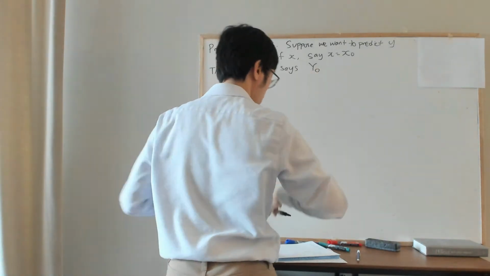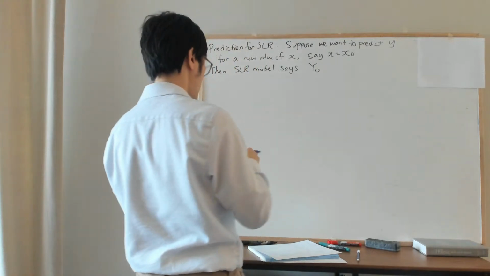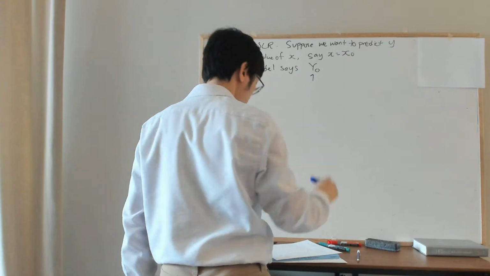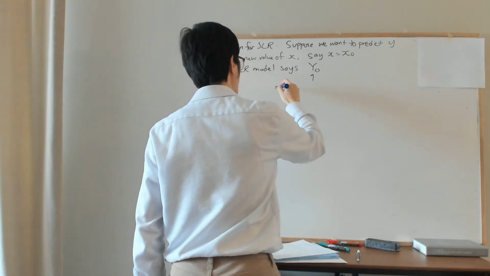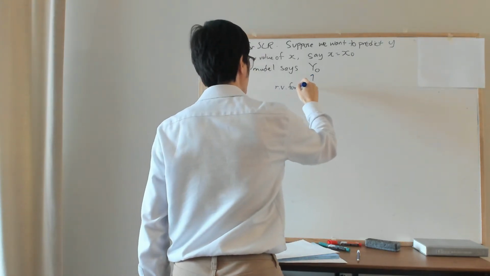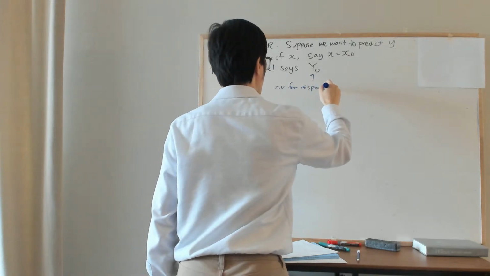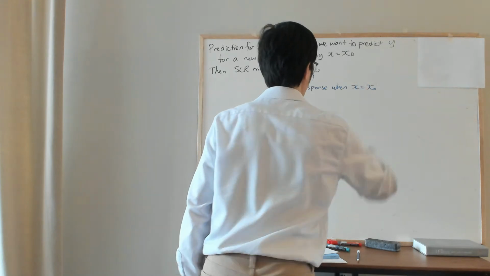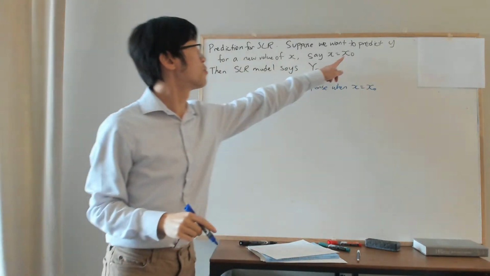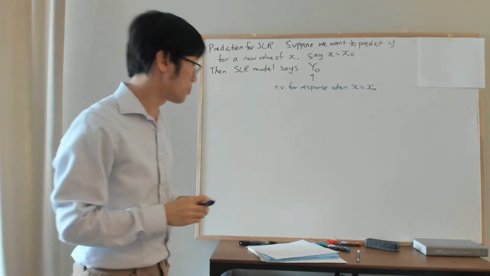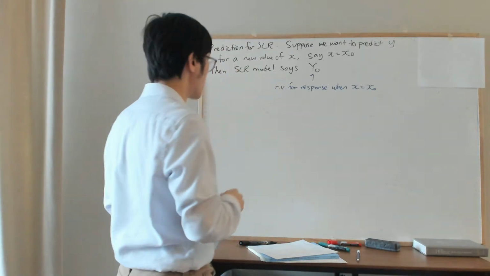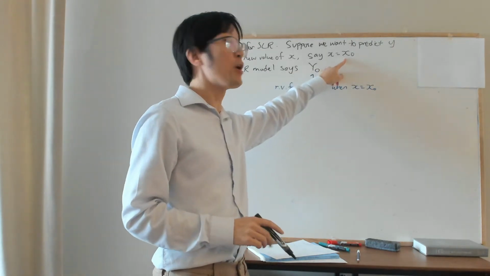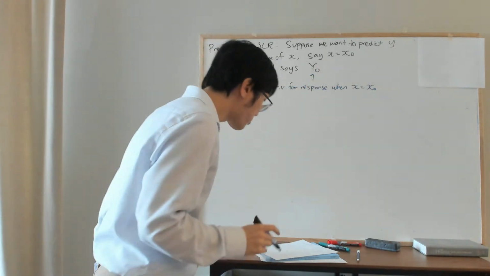This just means the response for y when x is at this value x0. So let's call this the random variable for the response when the value of x is this new value here, x0. So we're thinking of it as the pair x0, Y0.